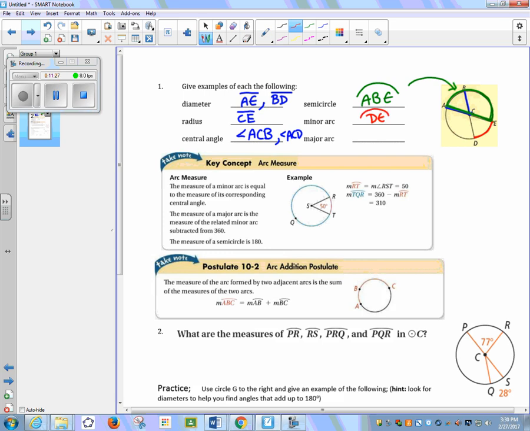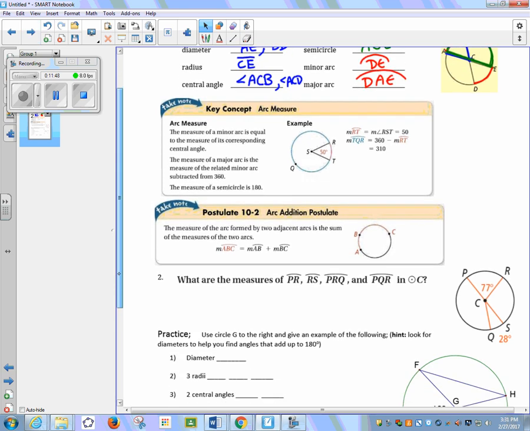There's other answers that could be here. And a major arc, let's go from D to E the long way. D around to E, and we can pick any of the points in between, but you're just going to use one of them. So I'm going to call it DAE. That's a major arc.